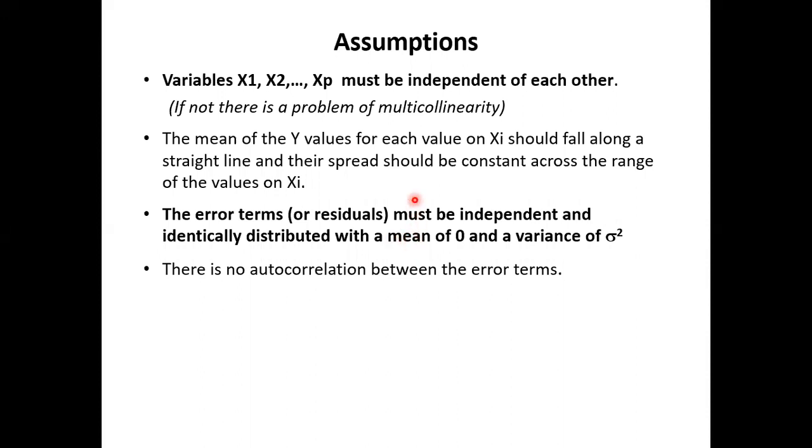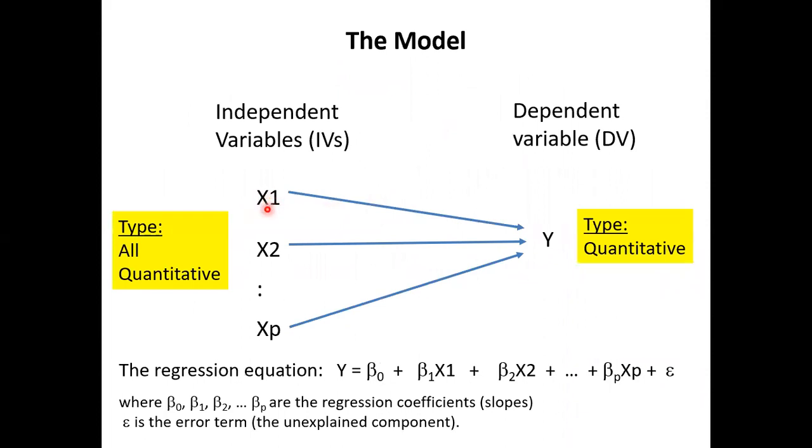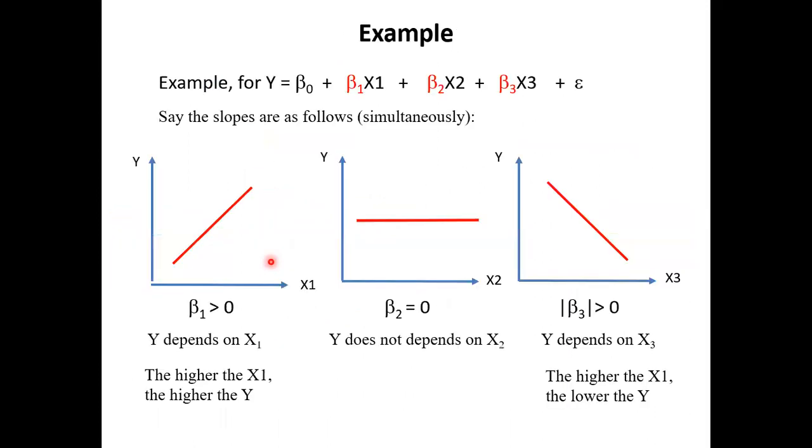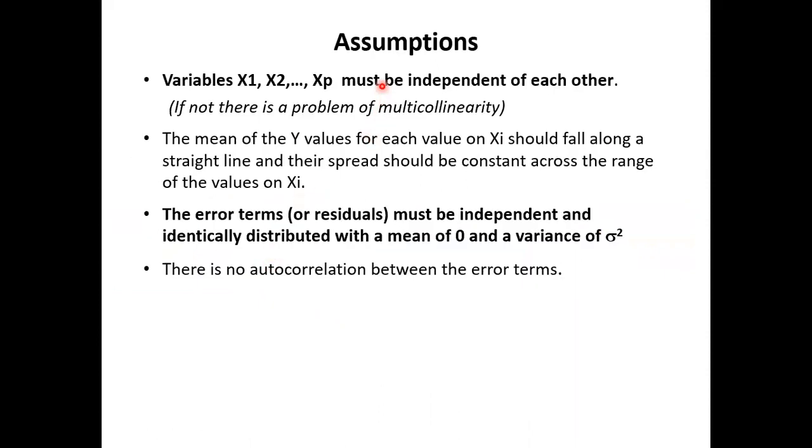Now you add one more assumption: the axis must be independent. Axis here means the predictor variables must be independent of each other. That's why it's called independent. Which means they should not be highly correlated. If they're highly correlated, then we have a problem of multicollinearity.